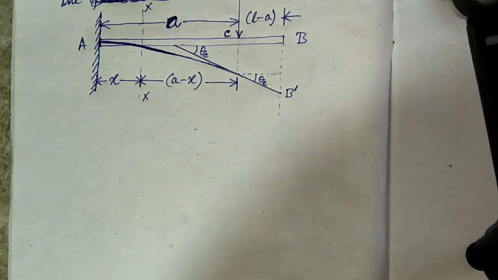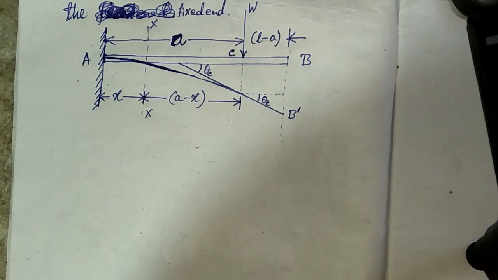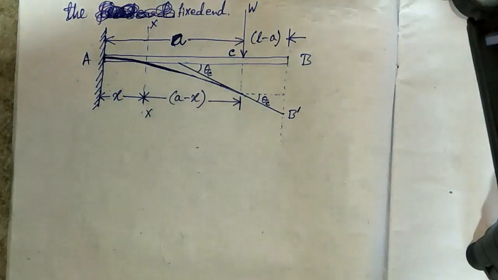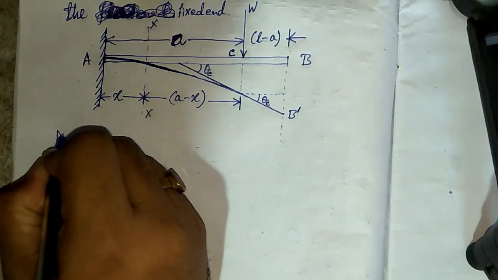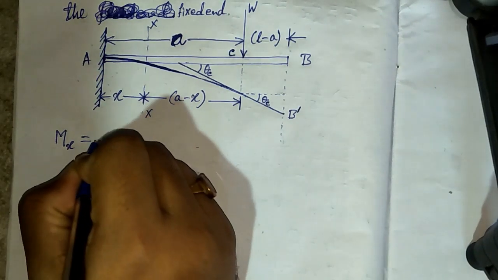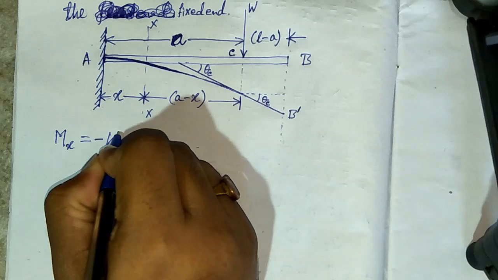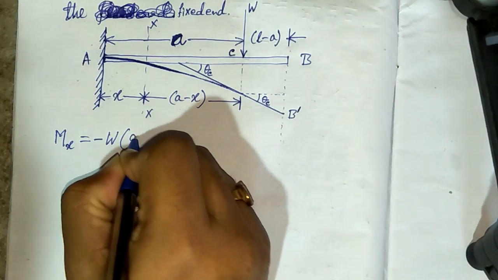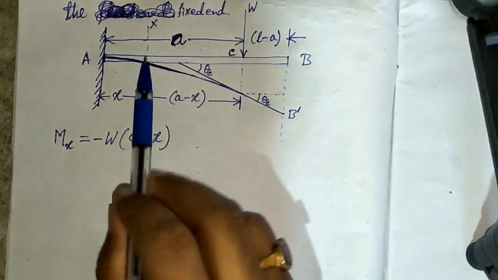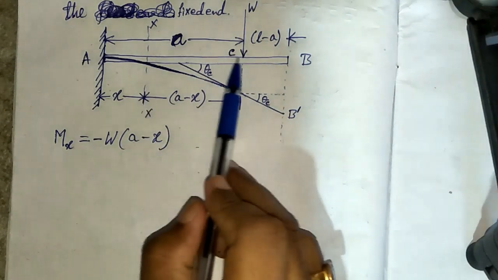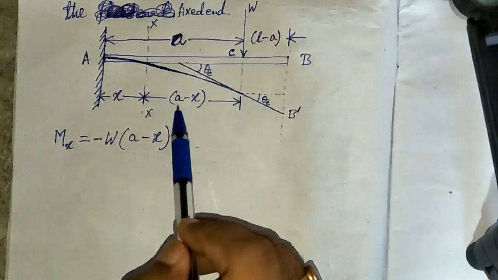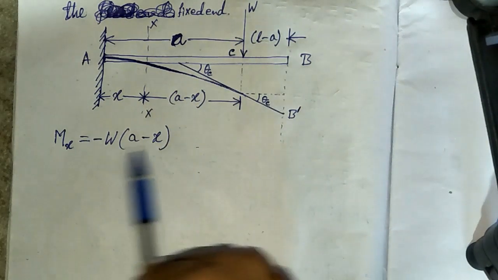So the bending moment at the section x is M suffix x equals minus W into a minus x. This is the load into this distance a minus x.